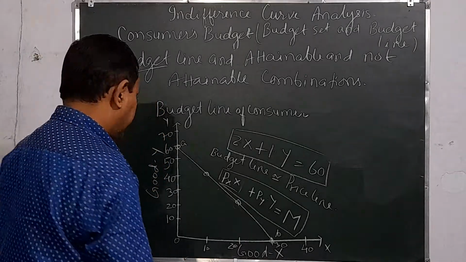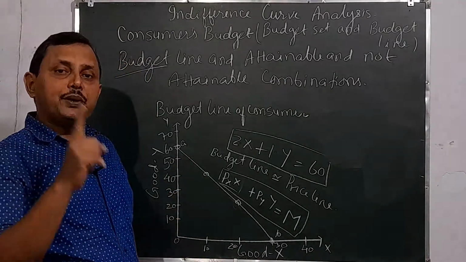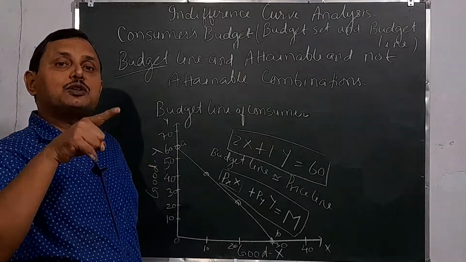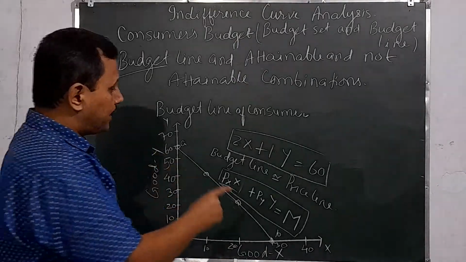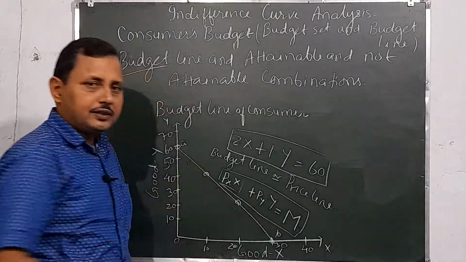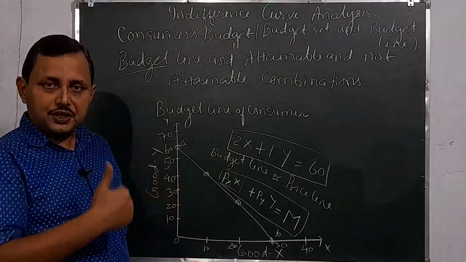Friends, you see here, this budget line shows the various combinations of quantity of good x and good y which the consumer can purchase in his given budget. So any point on this line is a combination the consumer can purchase.